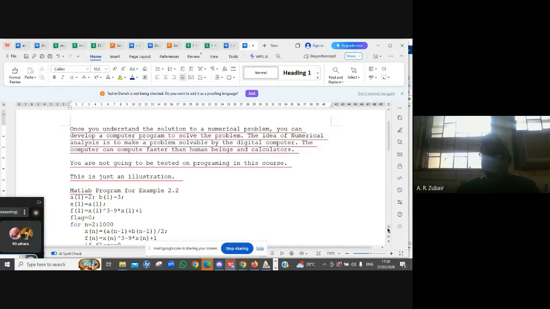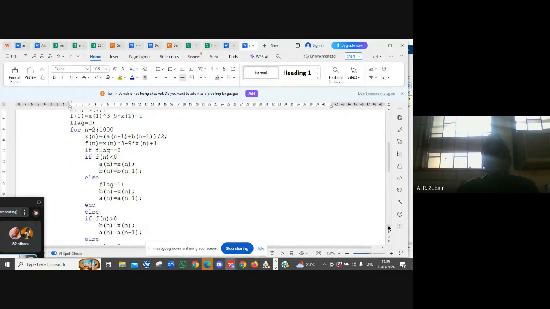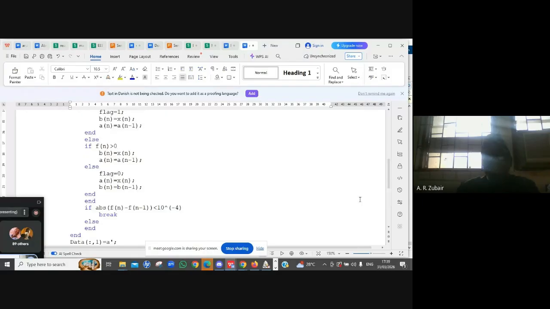This is just an illustration. So this is the program code. I said MATLAB program, for example, 2.2. Is any of you very good in MATLAB? Okay, so let me now show you the results.